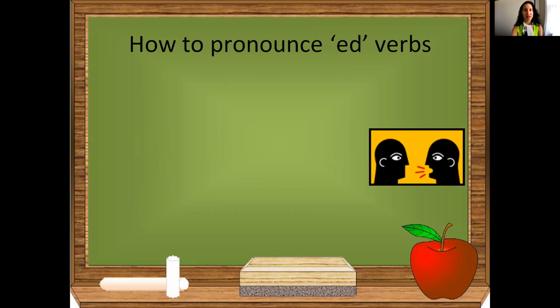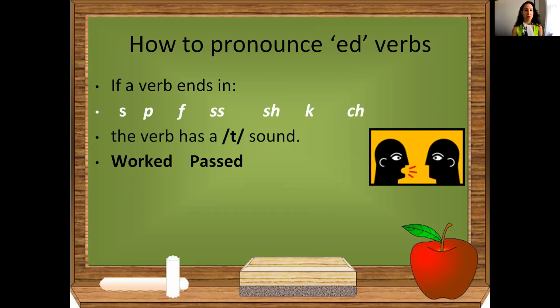How to pronounce ED verbs again. If verbs end in all of these letters, okay, S, P, F, S, S, S, H, K, and CH. Does everyone know what this sound is? Shh. This is one sound. And this is K. It's k, k. And what's the CH?